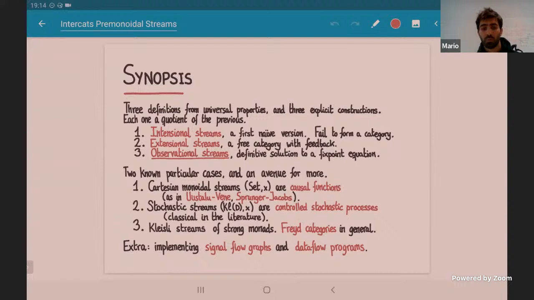We will have the causal stream functions, and we have stochastic streams that follow as a particular case of this construction. So this is a good sanity check, because it's not just that we are getting the general framework or we are generalizing it, but also we get this notion of control stochastic process from our definition of monoidal stream. And then there are many other avenues for extending that. I don't think I'm going to enter into the details of those.